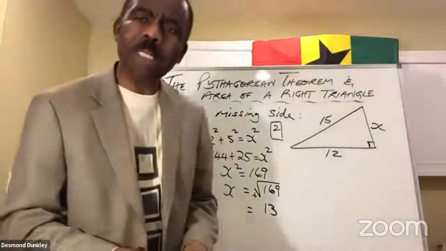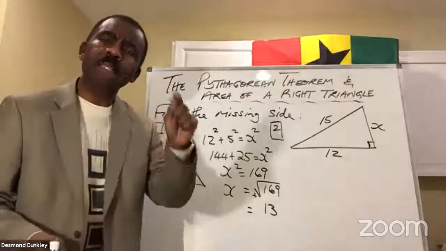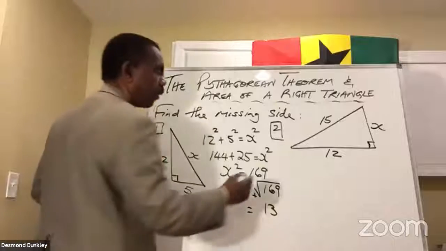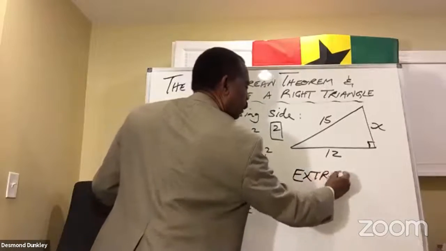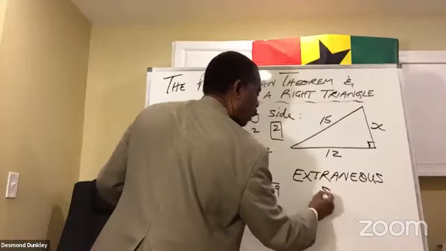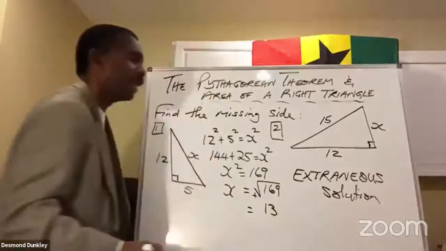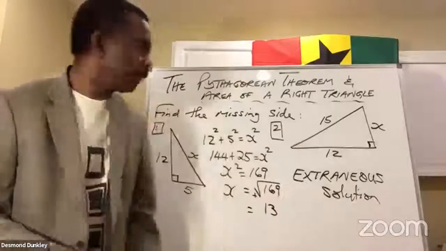As a matter of fact, there's a name given for a solution to an equation that does not have a practical value. It's called an extraneous solution. Listen to that word carefully, extraneous, okay?